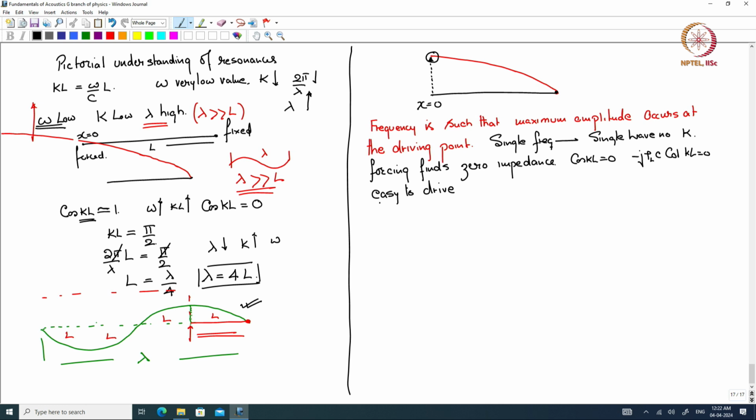Okay. So we have got an understanding of why the resonance happens, right. It is easy to drive the string. Now, let us look at the next value where cos KL goes to 0.